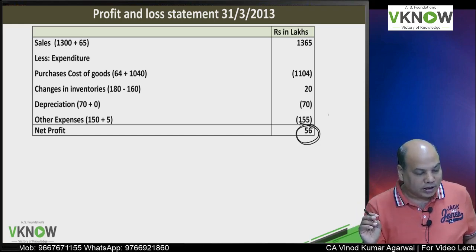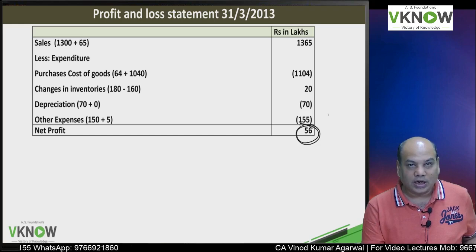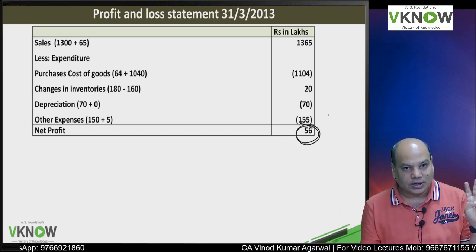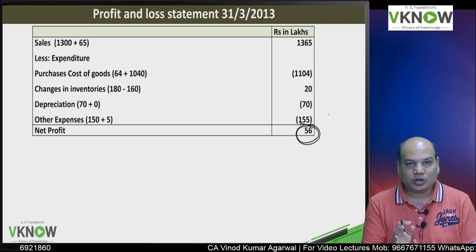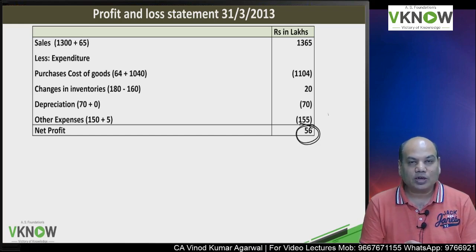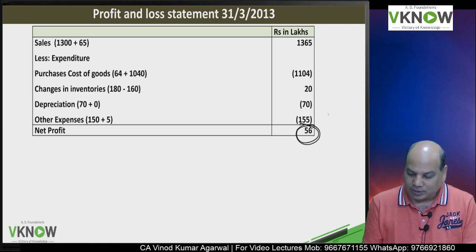Then on the debit side we are going to write items like fixed asset, debtors, bank and closing stock on the asset side. Fixed asset will be shown in property, plant, equipment. Debtors, bank and closing stock will come in current asset. So that is how you will prepare the balance sheet.